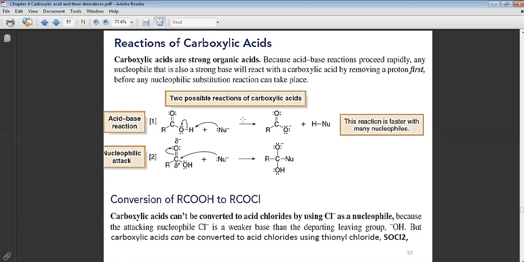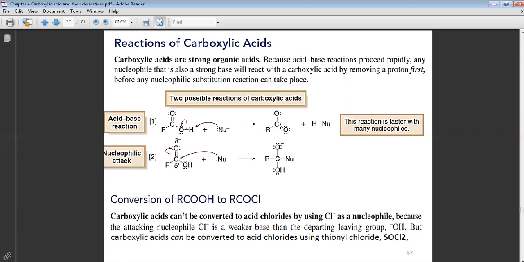If you use base with carboxylic acid, it readily gives you a carboxylate anion as conjugate base, and this conjugate base is more stable than this. For this reason, this is the preferred one, and it is fast and easy to occur.